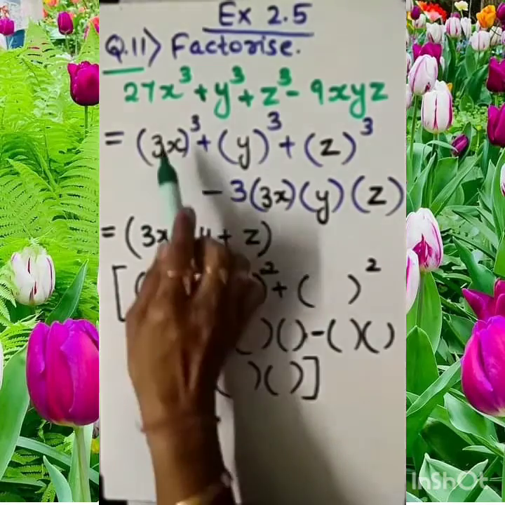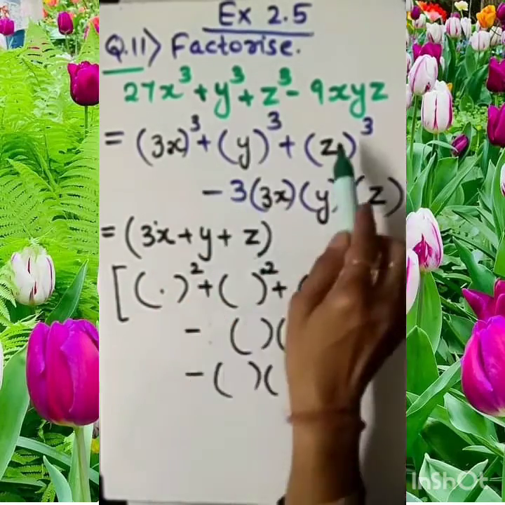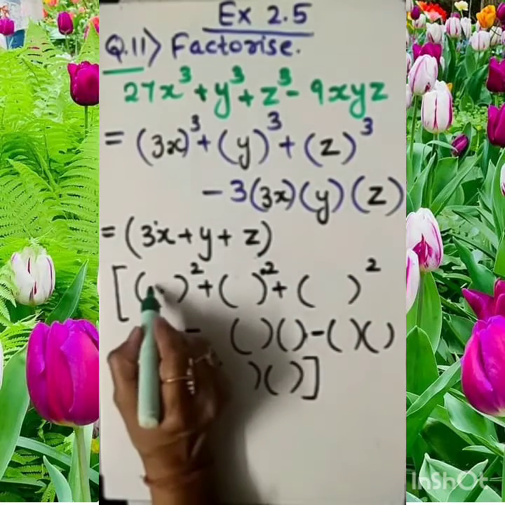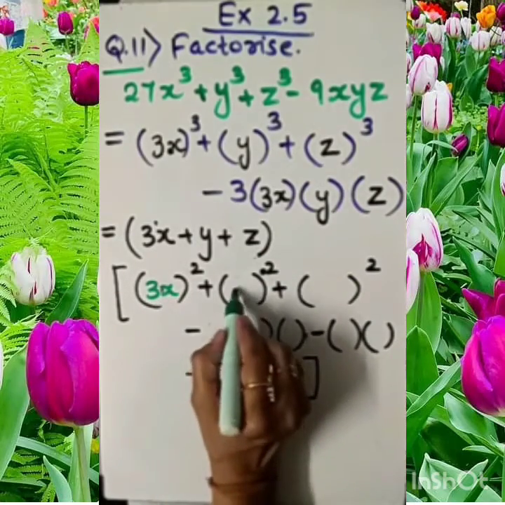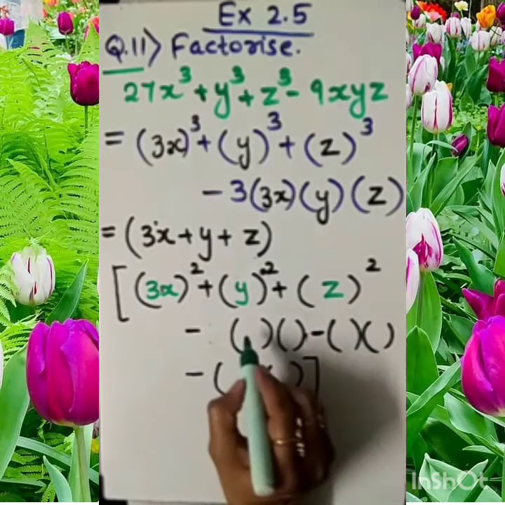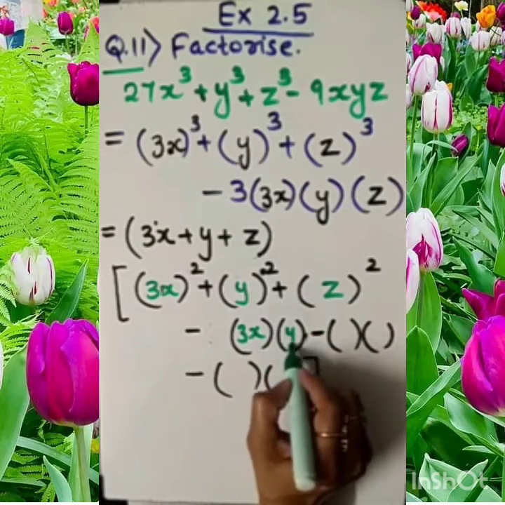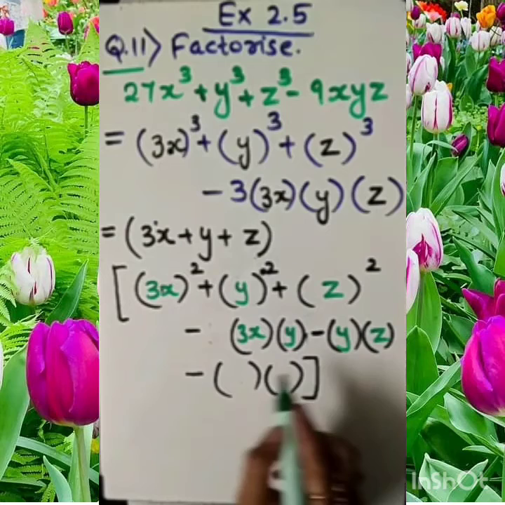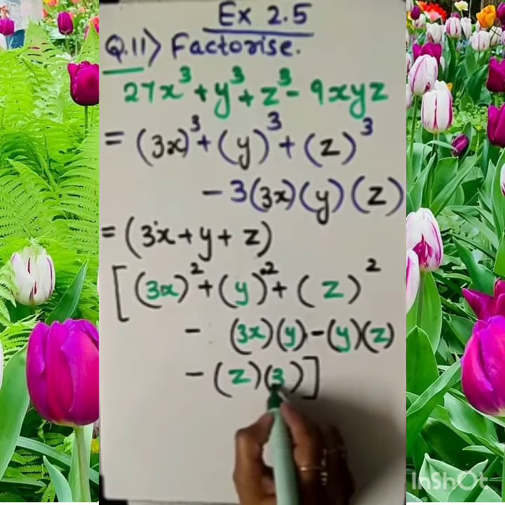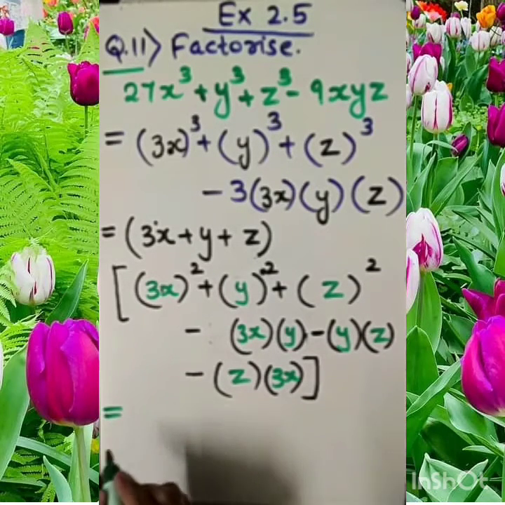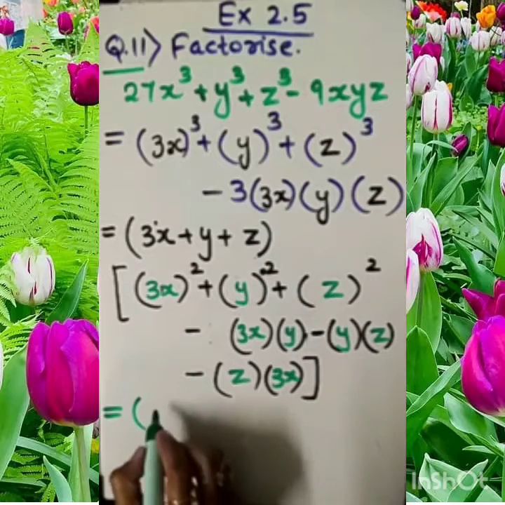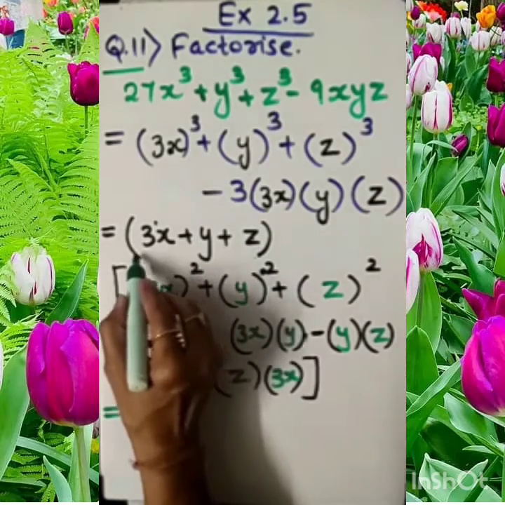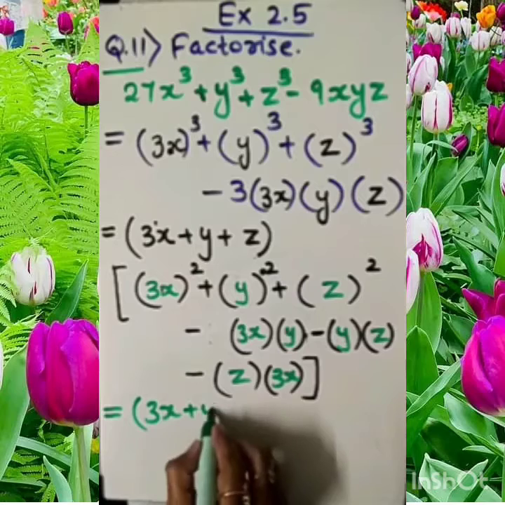First bracket, first term 3x, y second term, z third term. Now putting this value here, it will be 3x and y, here y and z, and here z and 3x. Fine. So let's simplify it. The first bracket is already with us. This bracket I am mentioning as it is.